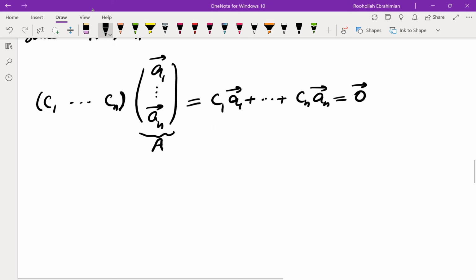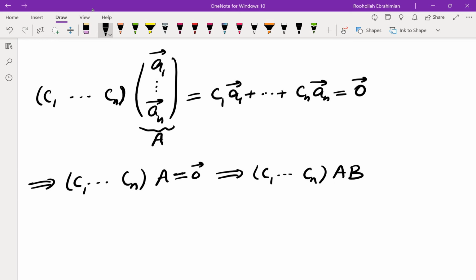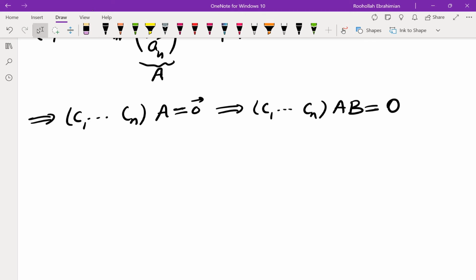So what does that mean? It means if I multiply C1 through Cn by A, I get 0. Now multiply both sides of this by B from the right. You would get C1 through Cn times AB equals the 0 matrix. In fact, it's the 0 vector, but it is also a matrix. Now, what does it mean?